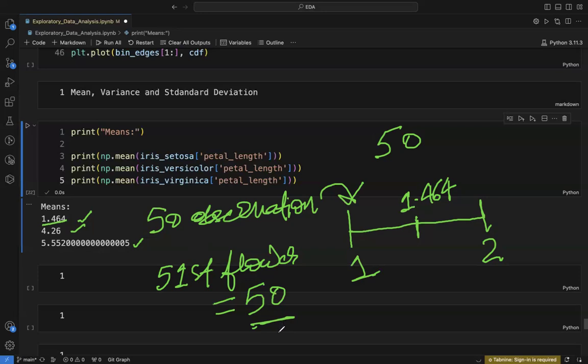Such a data point is called an outlier. It lies somewhere far from this 1 and 2.